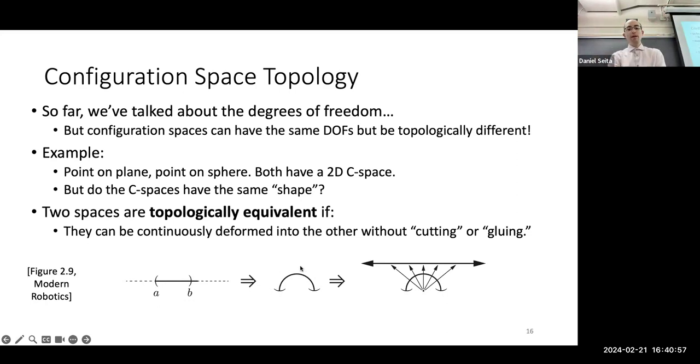If you have a point here that you shoot out rays from, then you can get a correspondence between a given angle here and a given point on this real line. So the real line and this half circle are said to be topologically equivalent because you can continuously deform them, and for every single point on this half circle, you get one point on this open interval.